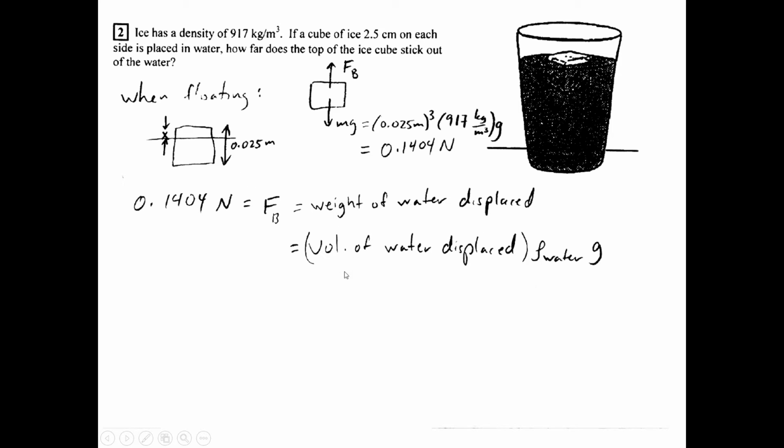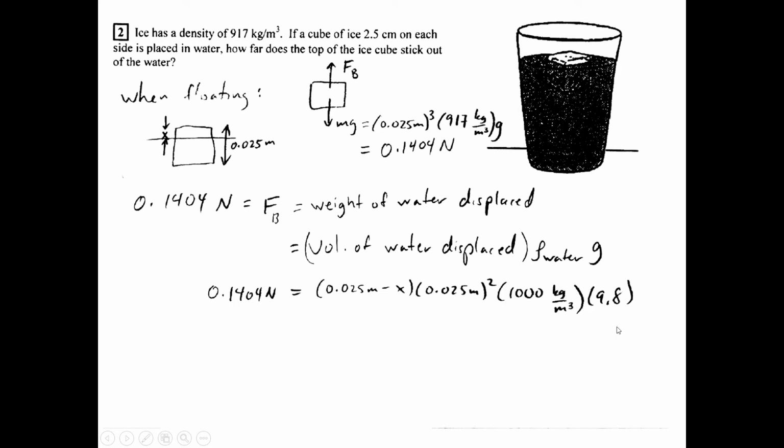So the volume of the water displaced times rho gives me the mass of the water displaced, times little g gives me the weight of the water displaced, and the volume is 0.025 minus x, that's the height that fits under the water, times each of the linear dimensions on the bottom is 0.025, so I get an additional 0.025 squared.